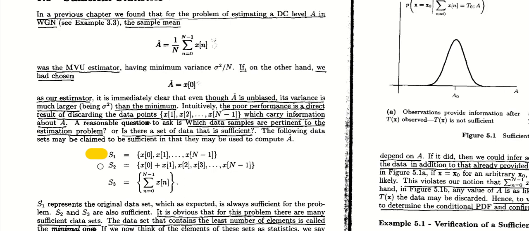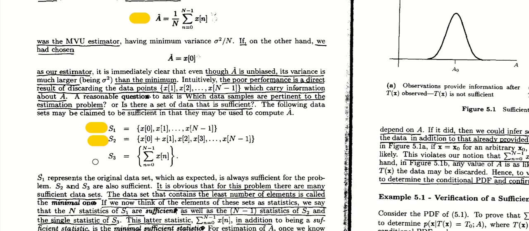Then how about S2? If you have S2 with respect to the sample mean, then of course it's definitely sufficient, because you can take the X2 values and still take the average and create this estimator. Then how about S3?